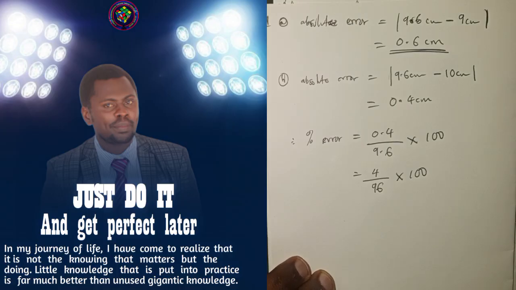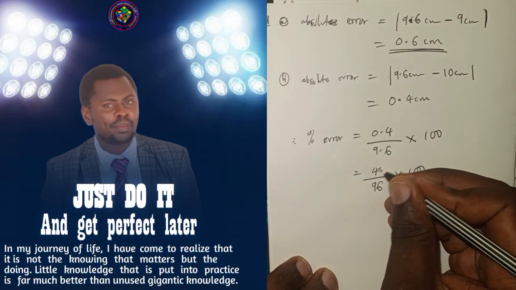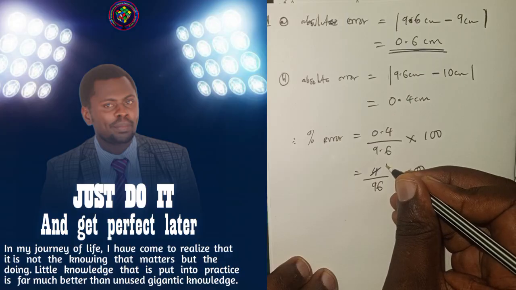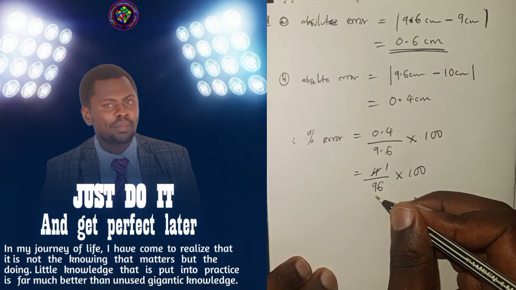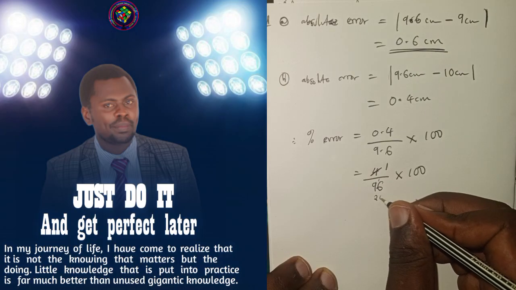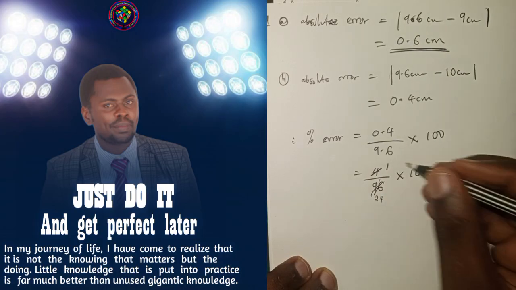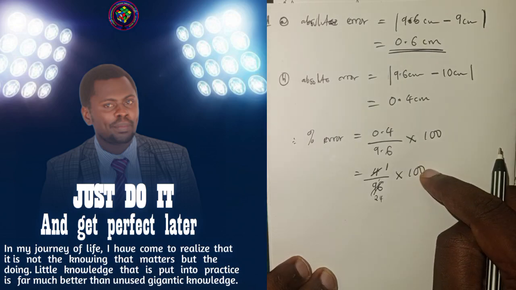Now let us simplify the fraction. Can 4 go into 96? Yes, 4 in 4 is 1. Then 4 in 96: 4 in 9 is 2, remainder 1, and 4 in 16 is 4, so that is 24. So 1 over 24, then there is 100 there.